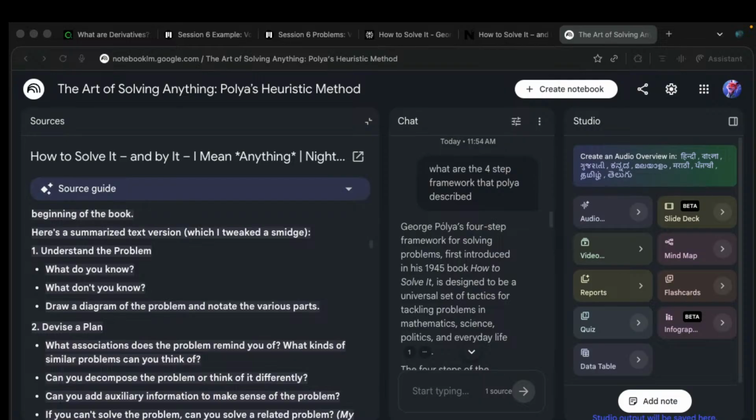What don't I know? Can I draw a diagram of the problem and notate parts?